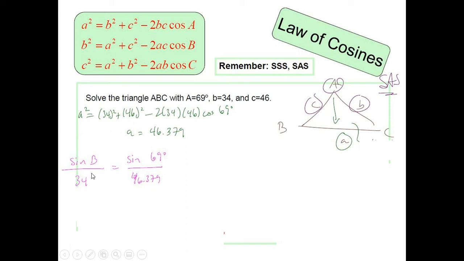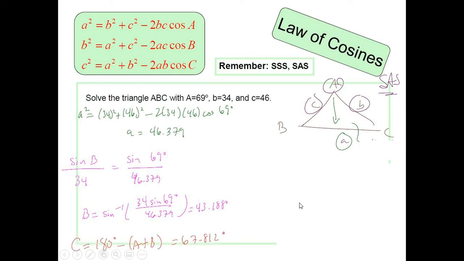And we could then use this law of sines to find angle B using the information that we have. And we could figure out that angle B is equal to the inverse sine of all this, which is equal to 43.188 degrees. We could then find angle C by subtracting those two from 180, gives us 67.812.